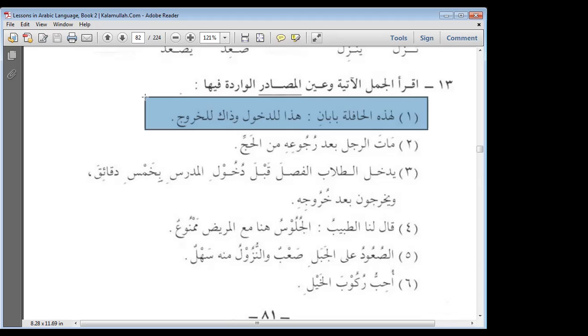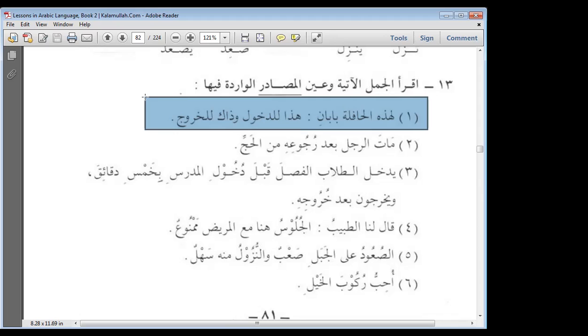Right, so this bus has two doors. This one is for entrance and that one is for exit. Right, so where is the masdar in the sentence? دخول and خروج. Right, dukhulun and khurujun.